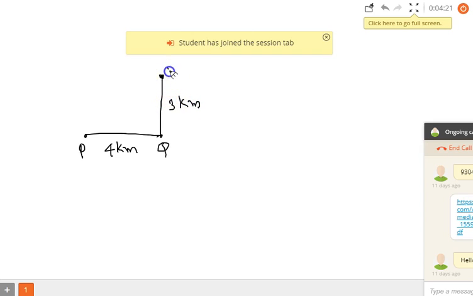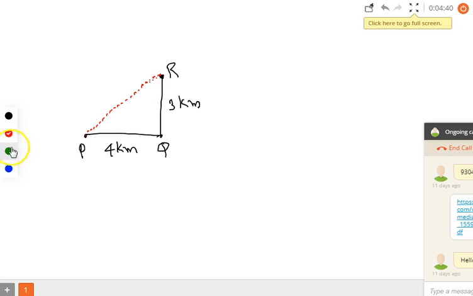Now they're asking about the displacement. As per the definition of displacement, the minimum distance covered by an object from the starting point to the ending point, we call it displacement. That is displacement PR. As per Pythagoras theorem, PR square is equal to PQ square plus QR square.